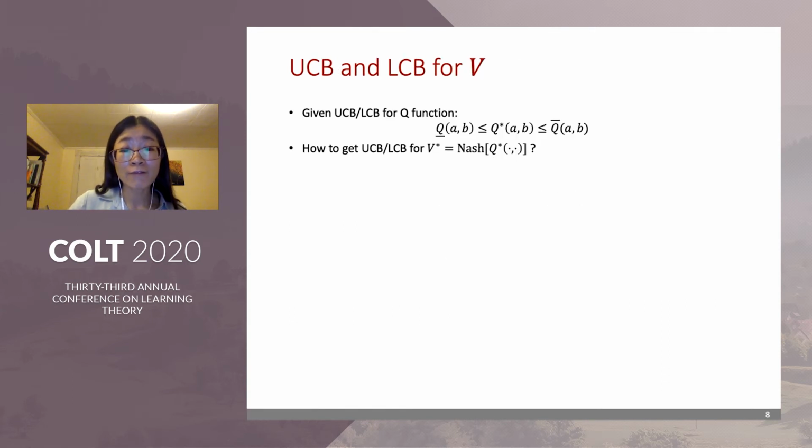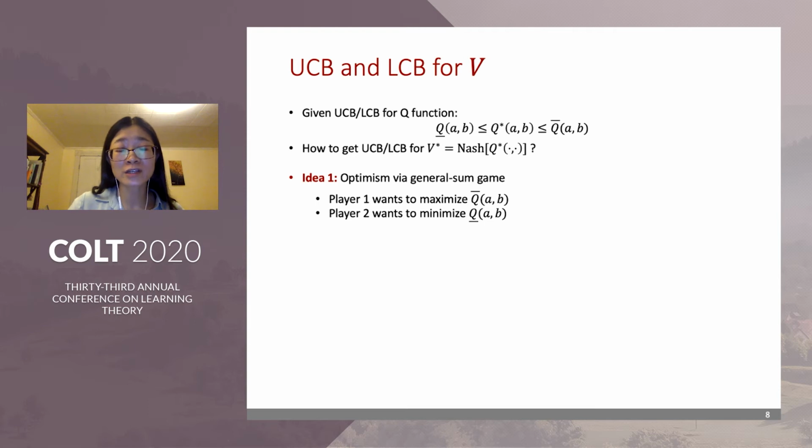The key idea of our approach is to coordinate both players to be jointly greedy with respect to the Q estimates. In particular, we can solve a general sum game where player 1's payoff matrix is the UCB and player 2's payoff matrix is the LCB.